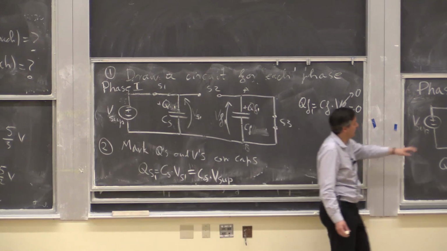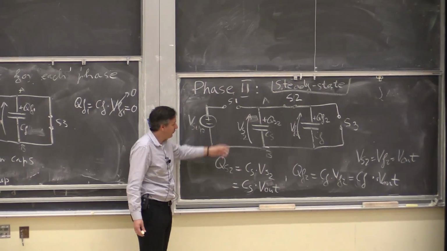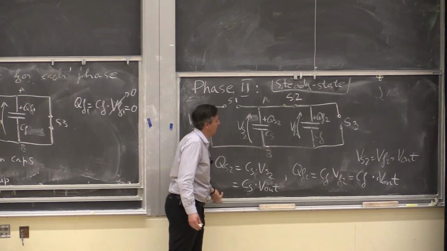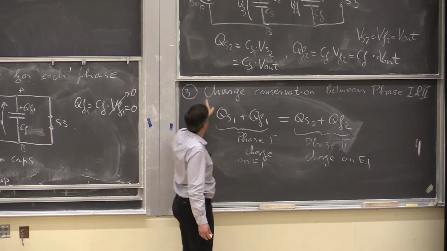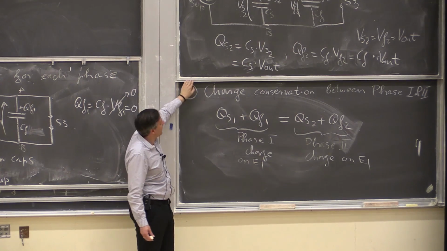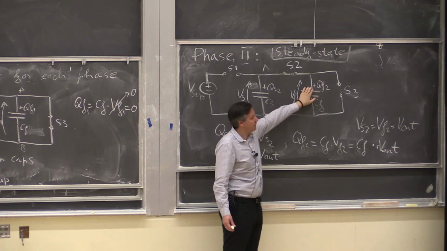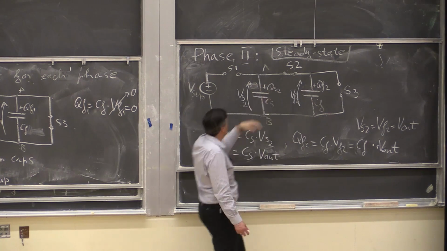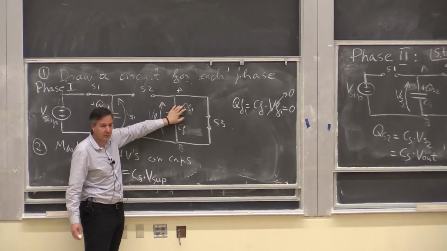You do that same thing for phase 2. And then you also write out the charge conservation. In this case, we did charge conservation on this plate and on this plate because in this phase, they were separate, so they had some certain amount of charge.